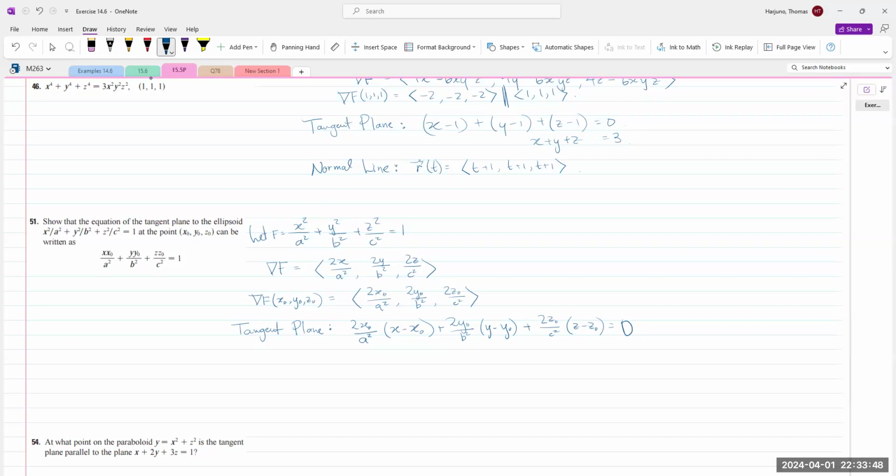Okay, then we have x times x naught over a squared minus x naught squared over a squared, plus y times y naught over b squared minus y naught squared over b squared, plus z times z naught over c squared minus z naught squared over c squared equals 0.